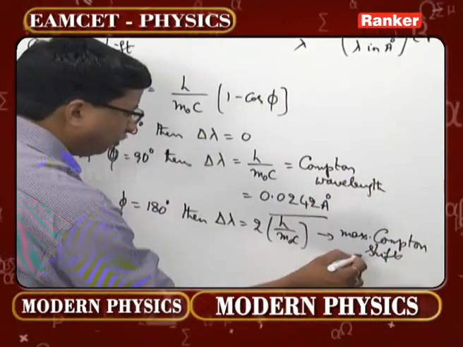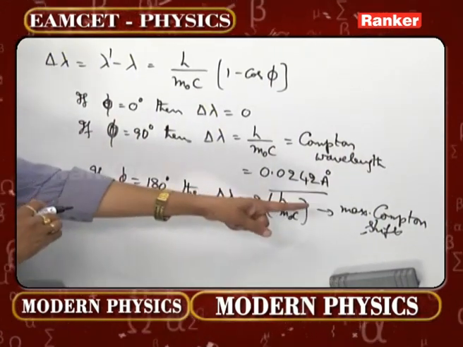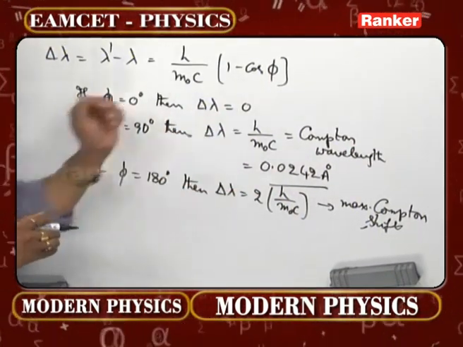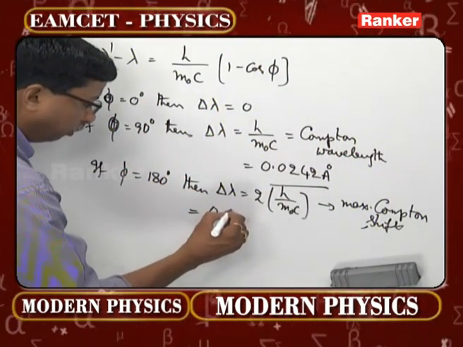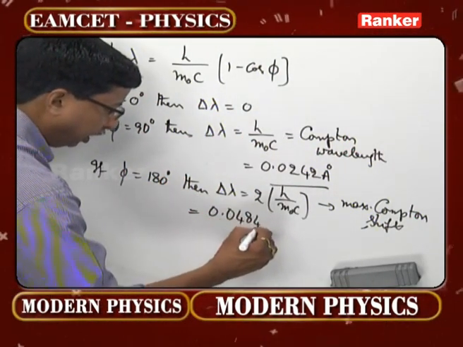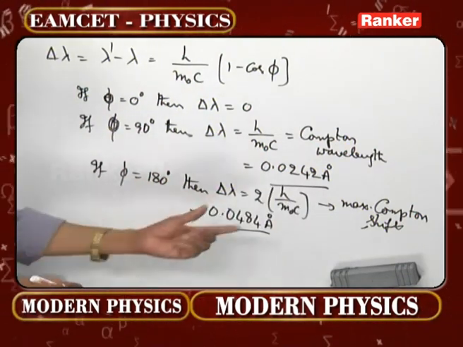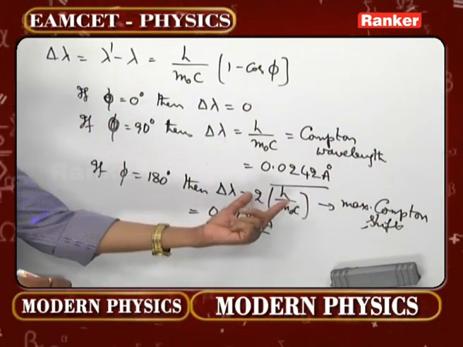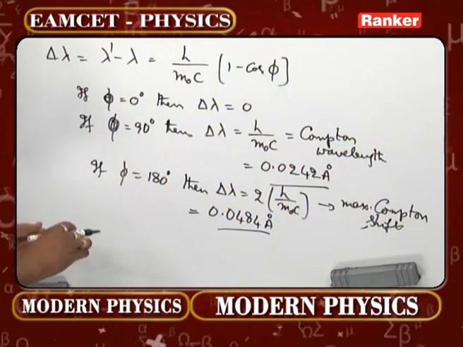So, what is the relation between maximum Compton shift and Compton wavelength, please? Maximum Compton shift is twice the Compton wavelength. So, what will be the maximum Compton shift value here? 0.0484 angstroms, twice this value. Directly remember this one so that you need not calculate this value. No simplification is needed. Directly you can put that value there.